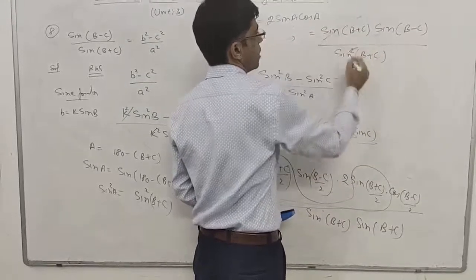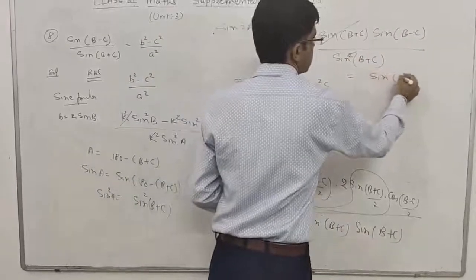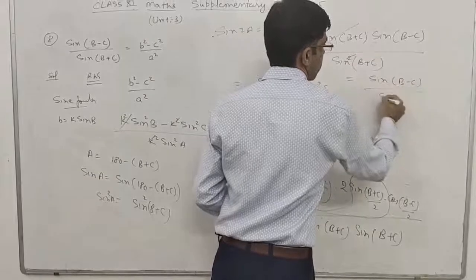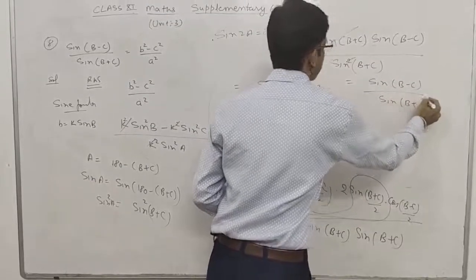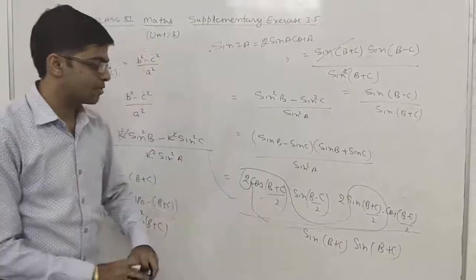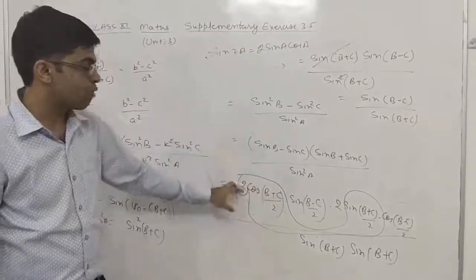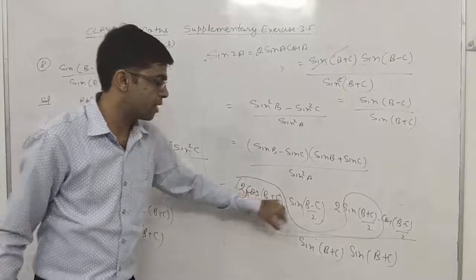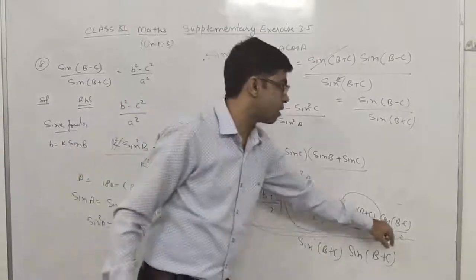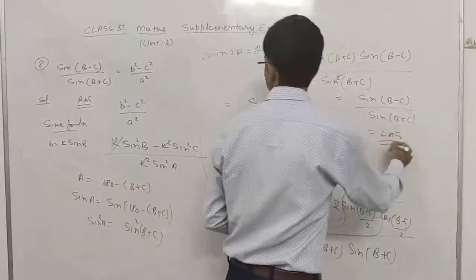One power will be cancelled out. So this is sine b minus c upon sine b plus c. In the numerator we applied the sine 2A formula 2 times, and this last step was very important. So this is equal to the left hand side.